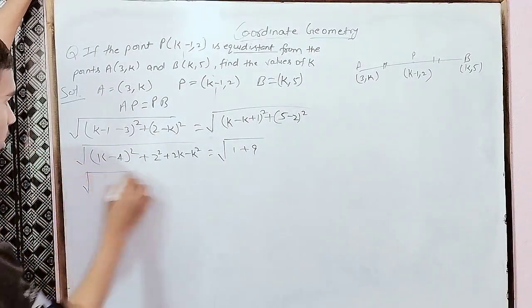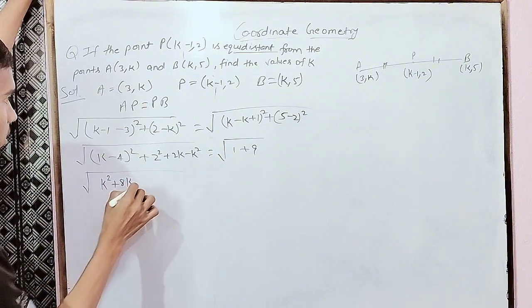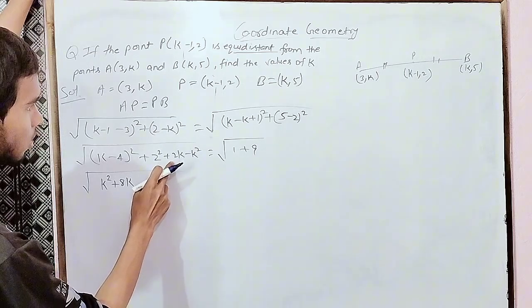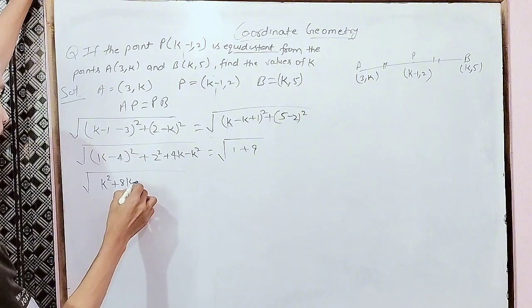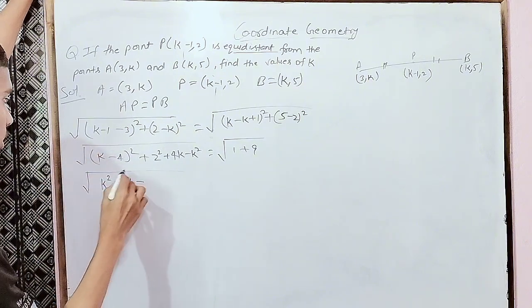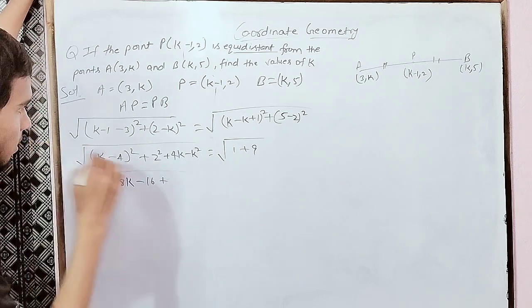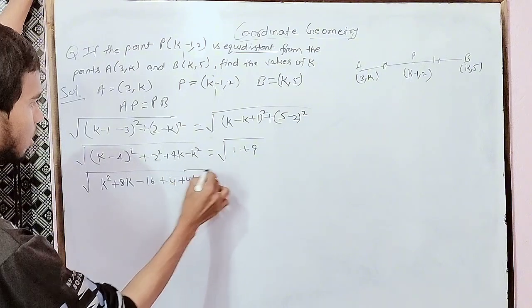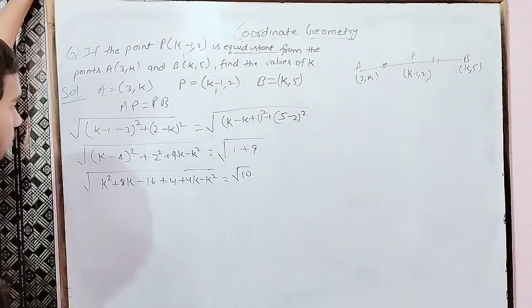So it will be k square plus 8k, and this is how much? This is 4. So 8k minus 4. So it will become 16. This is how much? 4. And 4k minus k square. It is 10.